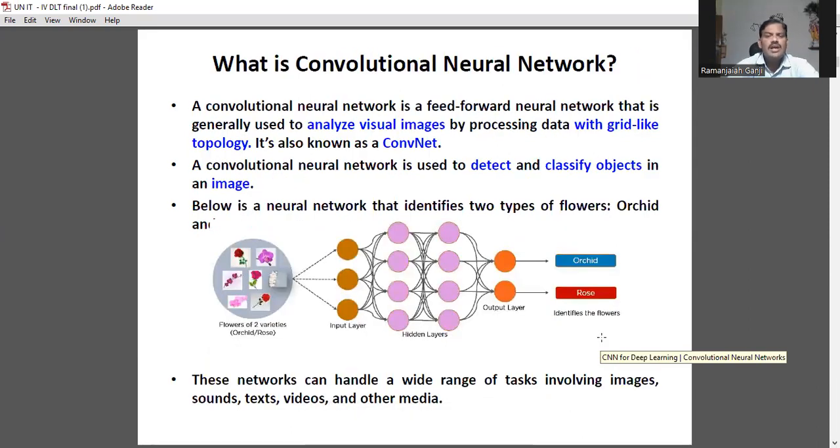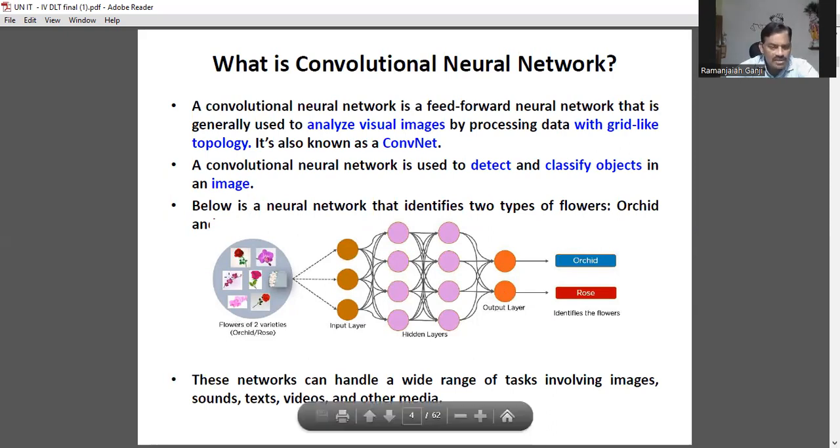A convolutional neural network, CNN, is a feed-forward neural network that is generally used to analyze visual images by processing data with a grid-like topology. It is also called a convolution network, or ConvNet. It is used to detect and classify objects in an image.